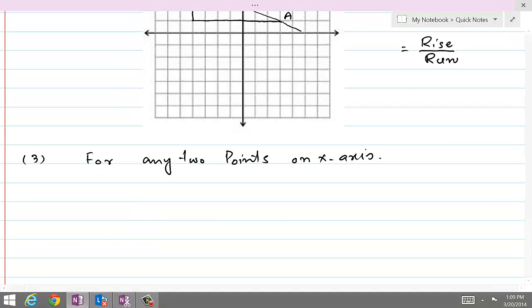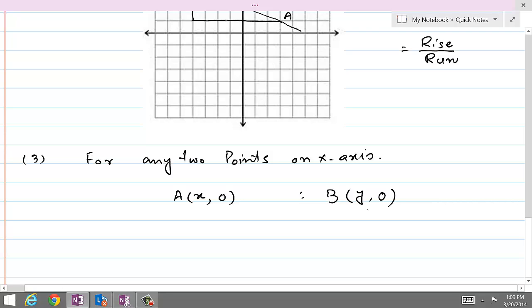So for any 2 points on the x-axis, let's call the first point A, and its coordinates could be taken as x, 0. And for point B, whatever its abscissa is, we can say y, and then 0 as well. The ordinate for both points on the x-axis is always 0.